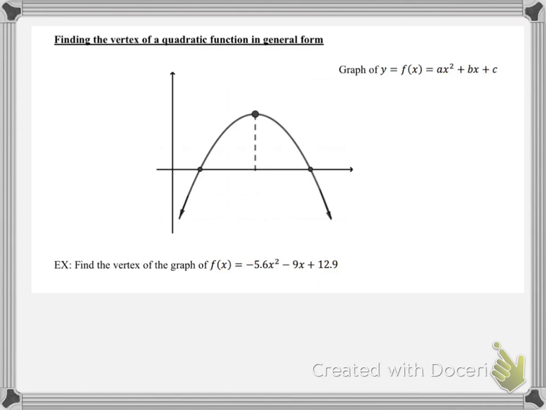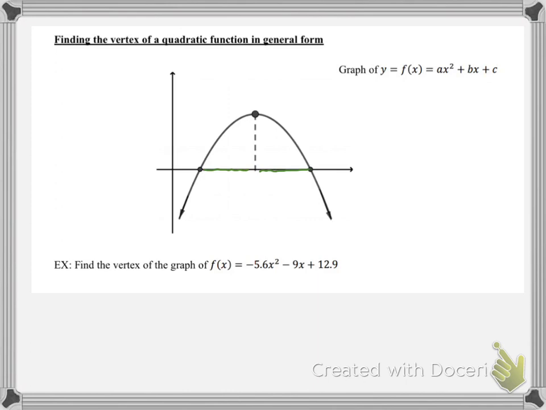So if you were to fold a parabola on the vertex, the two sides would match up. That means that if I have 2 points at the same height, they have to be the same distance away from the vertex. Otherwise, if I fold it on the vertex, those 2 points aren't going to match up. So my x-intercepts are equal distance from my vertex, so my vertex is halfway between them.